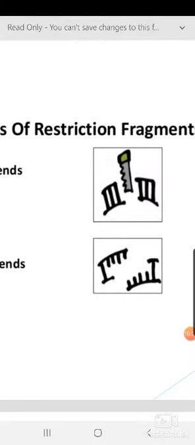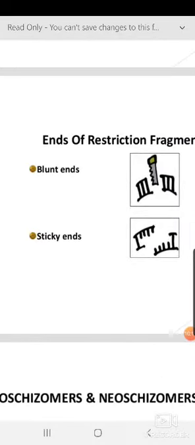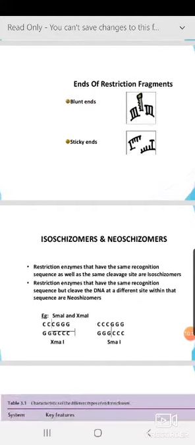Most restriction enzymes, after cutting, produce two types of ends. These two cartoons are showing one is a blunt end, and one is producing a sticky end or cohesive end or overhang. Okay, now a few types we need to discuss here: isoschizomer, neoschizomer and isocaudomer. I will just discuss what is isoschizomer.